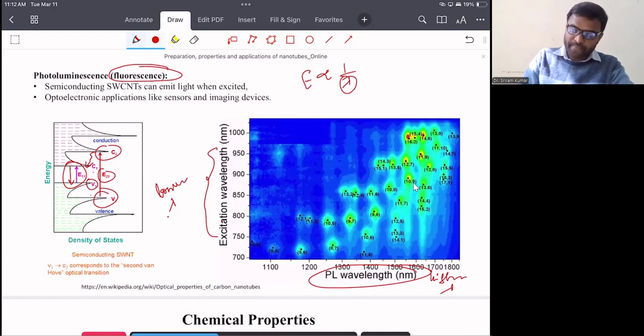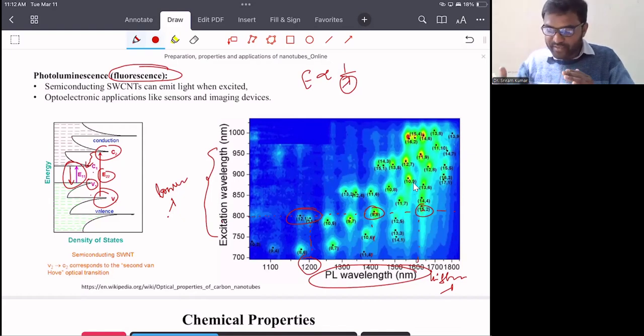If you want to excite the CNT, for example, if you choose this wavelength and excite at 800, you will get a spectrum at 1200 nanometer. If you excite here, you have 1400 or 1600 nanometer. So we get different photoluminescence or fluorescence spectra.